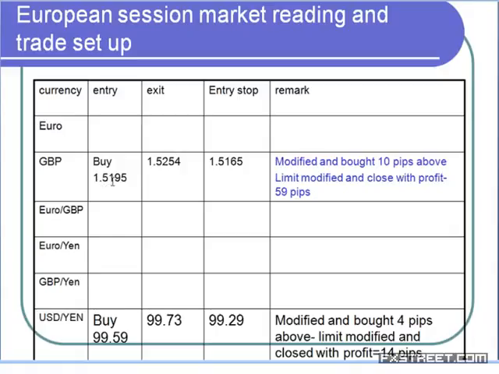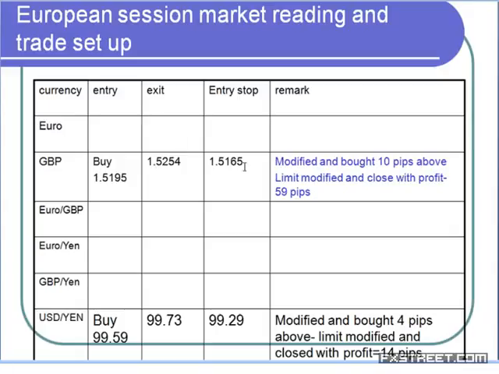Then I was not able to get the order at 5185 filled. So I modified it to 5195 after about 30 minutes. Then it got filled. Subsequently, during the late European session, they rose to 1.5264. Then I trailed the stop and it got filled.